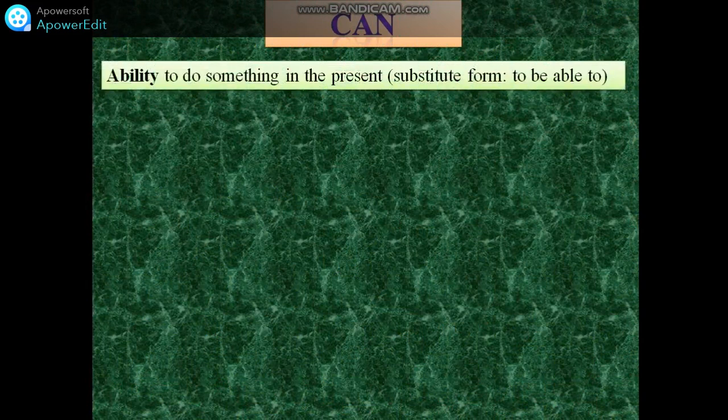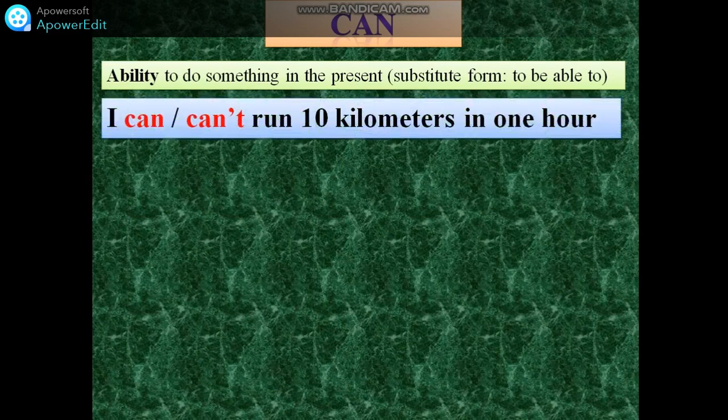Now let's start with can. Can means ability to do something in the present. It substitutes for to be able to. So you can say I can or I'm able to. I can run 10 kilometers in 1 hour. Here you are expressing ability. Then can is used to ask for permission.